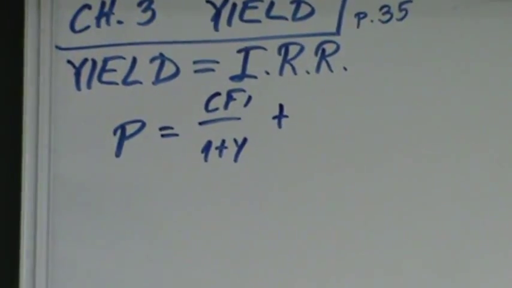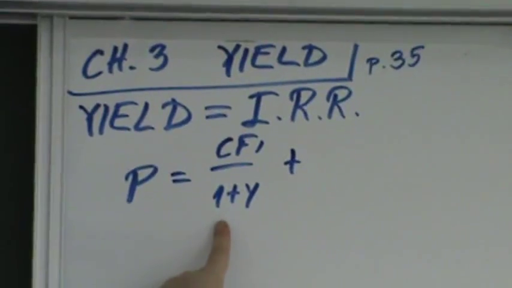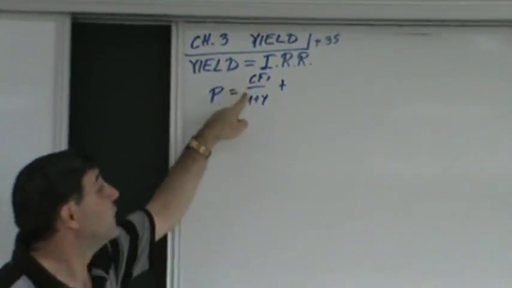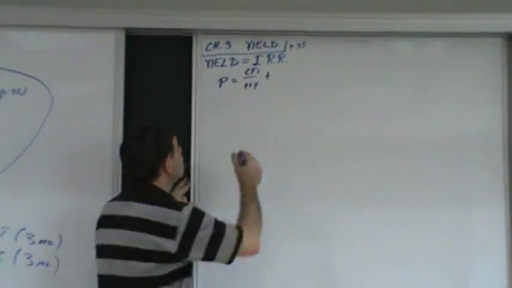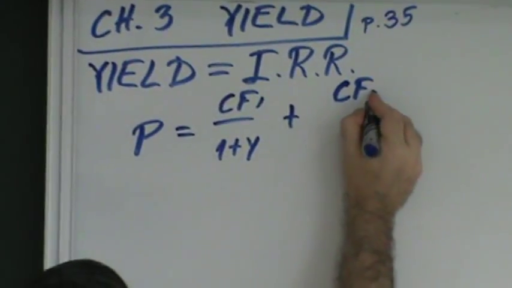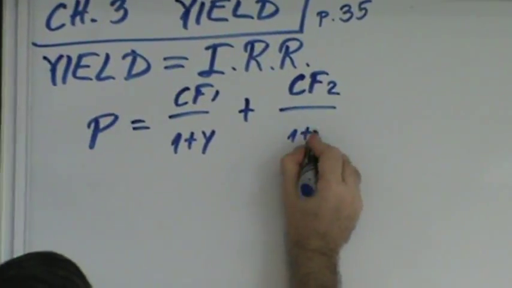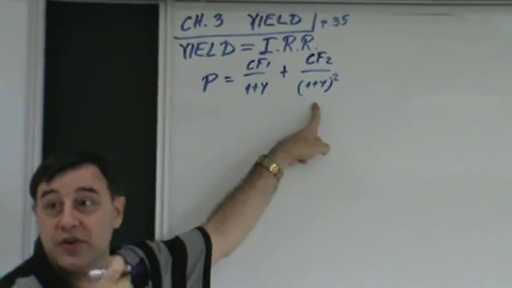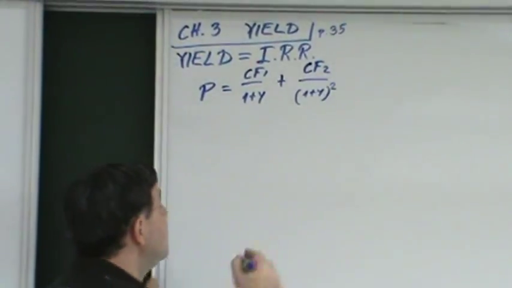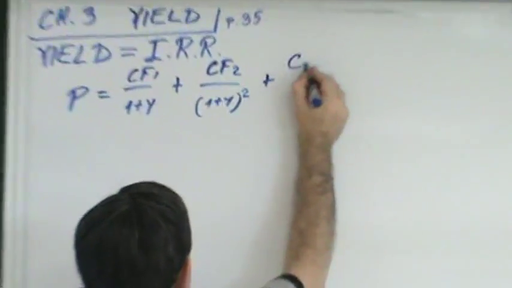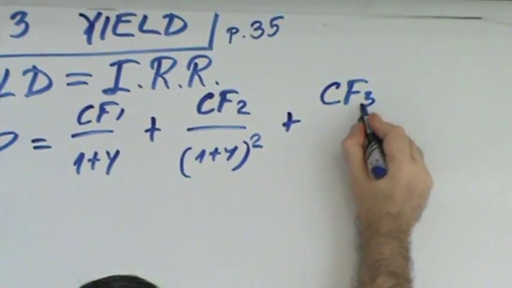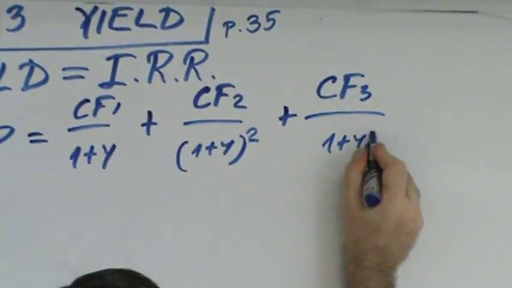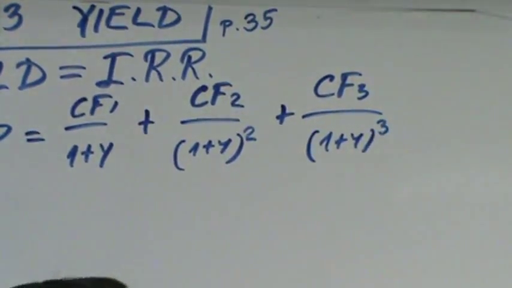That's the so-called discounted cash flow for the first year, plus cash flow 2 over 1 plus Y squared. This is the discounted cash flow for the second year, plus cash flow 3 over 1 plus Y to the power of 3.